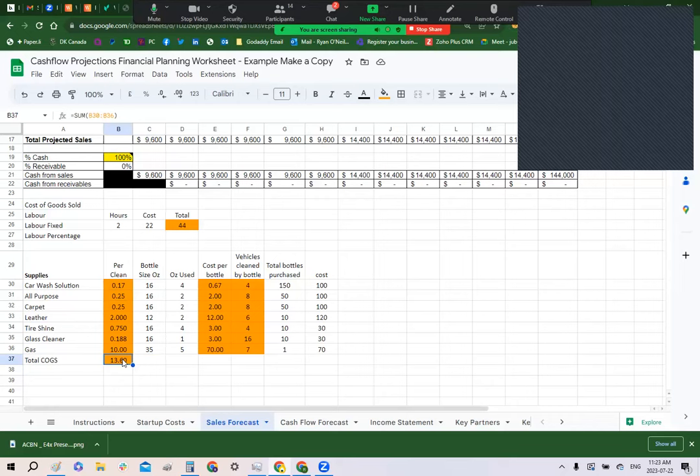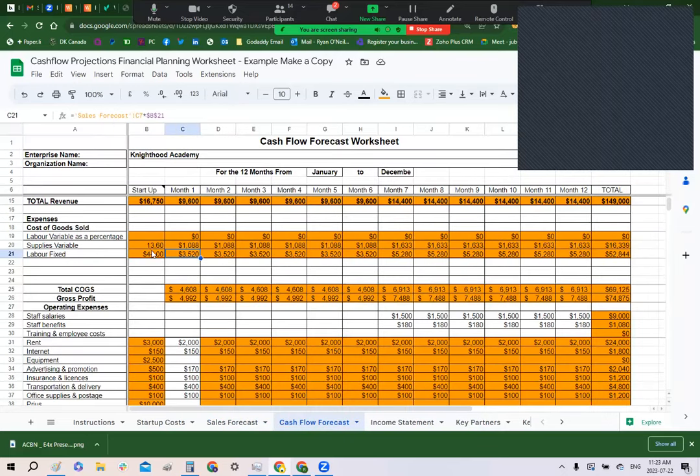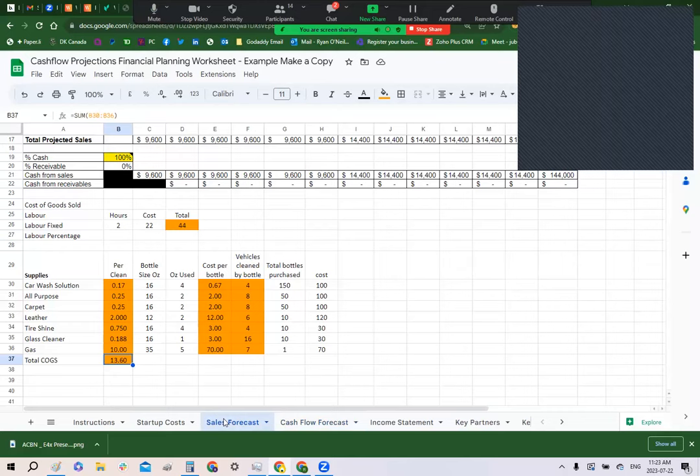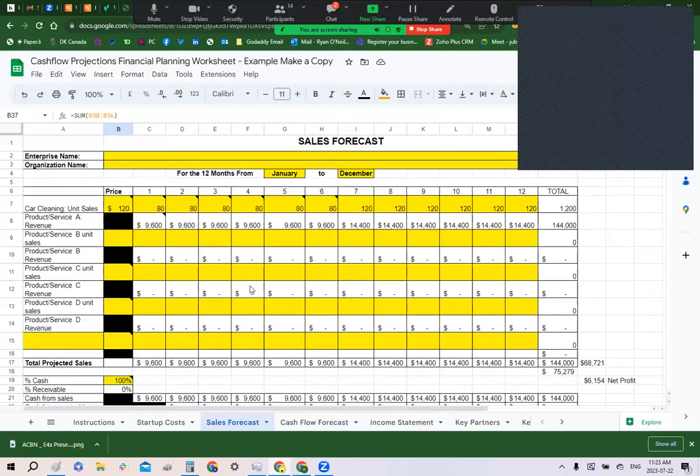So this is how much supplies we use per car that we clean. So when we go back to our cash flow projections, it'll come into the supplies variable, and then the month is filled out. So every time you change how much you're selling, it changes your cost of goods sold. So if it's higher or lower, it automatically calculates.